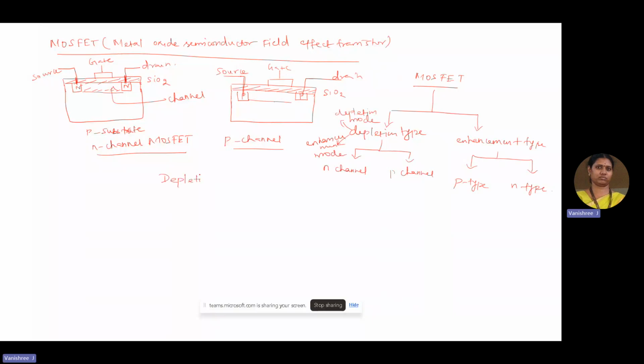So coming to the depletion type MOSFET, the symbol is like this: this is the source terminal, the drain terminal, this is the gate terminal, and this is the substrate.